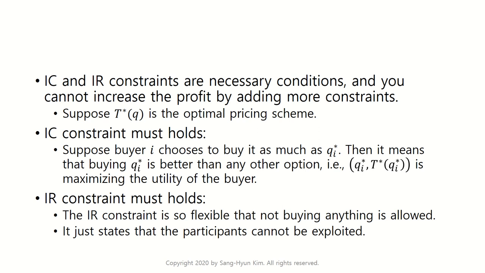That's what we discussed at the very beginning of this semester, in the math review, where I proved that the unconstrained optimum must be better than the constrained optimum. What that means is you cannot increase the profit by adding more constraints.